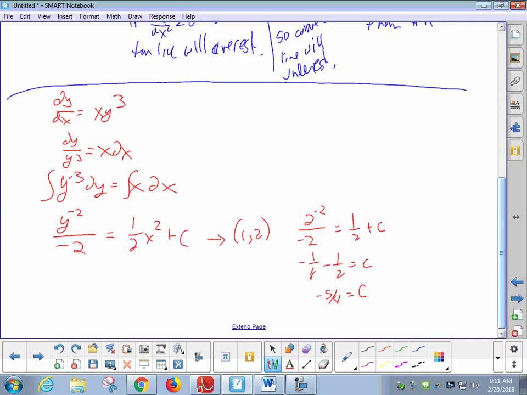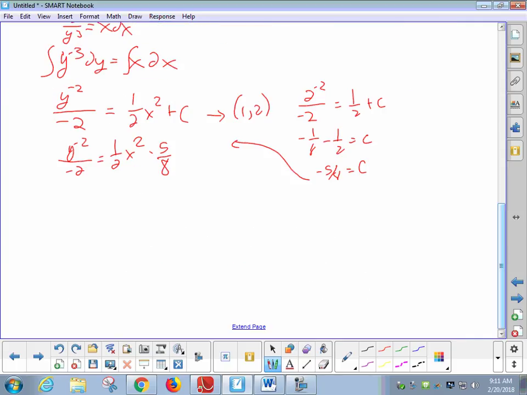Okay, so plugging that back in, y to the negative 2 over negative 2 equals 1/2 x squared minus 5/8. Okay, now the last part. What do I do now? Solve for y. There's a common algebra error in here.